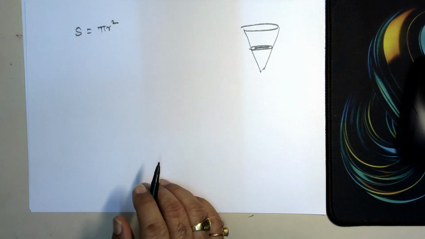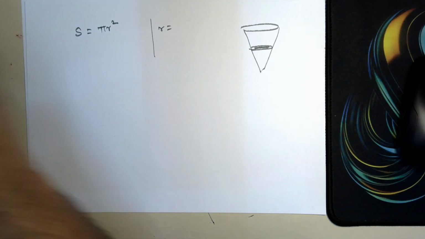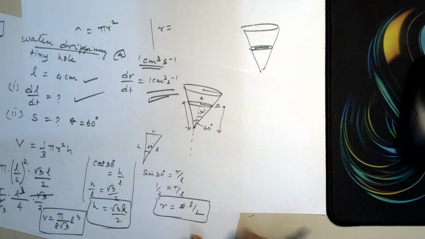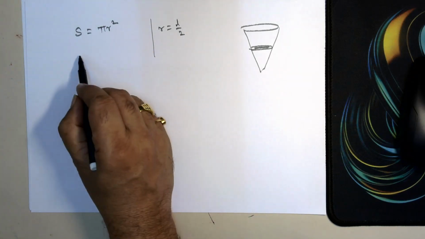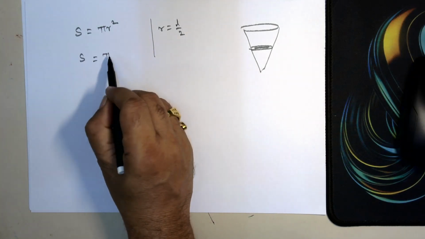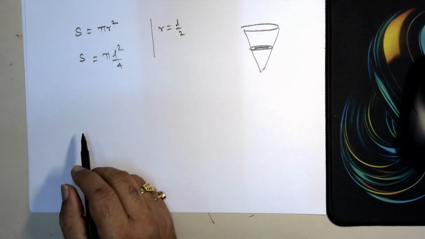And we know already what is r, we have got L by 2. We can substitute here. Therefore, S is equal to pi L squared by 4, right?